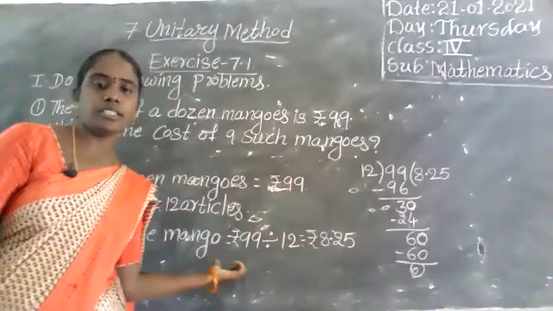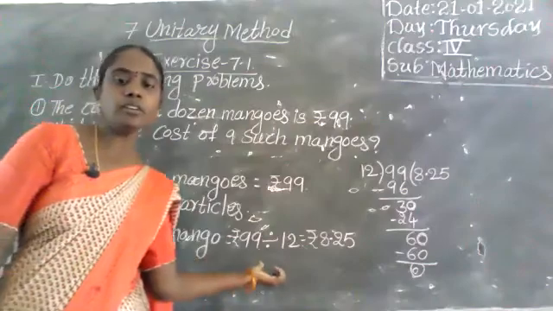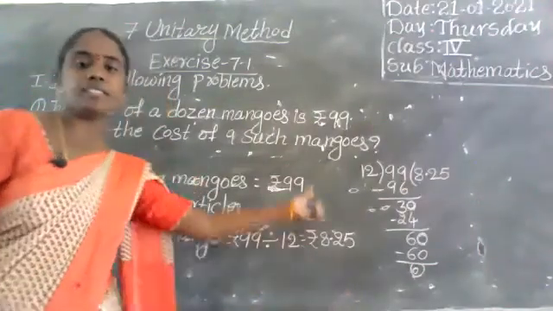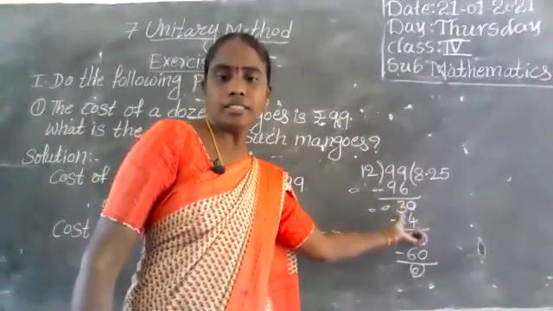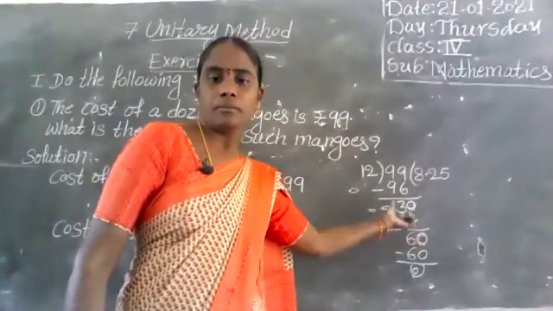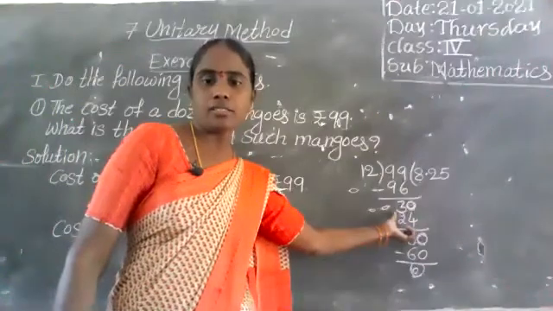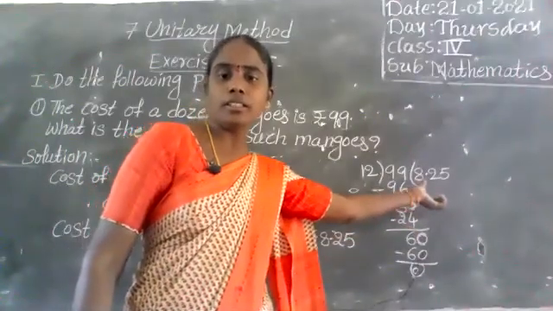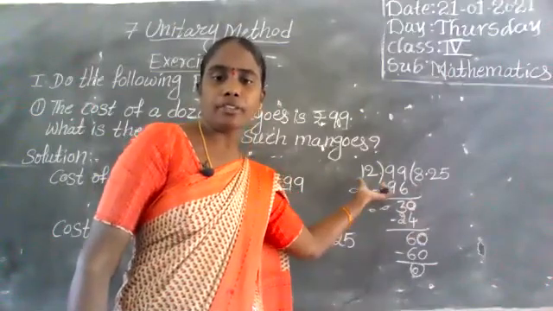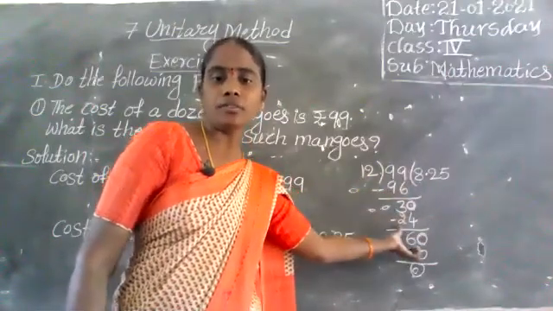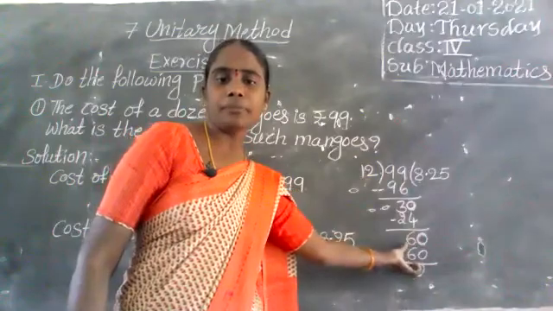What is the cost of one mango? 8 rupees 25 paise. Did you understand this division, Amma? 12 8s are 96, remainder 3. So here we keep a point and write 0. 30 divided by 12. 12 2s are 24. 30 minus 24 is 6.